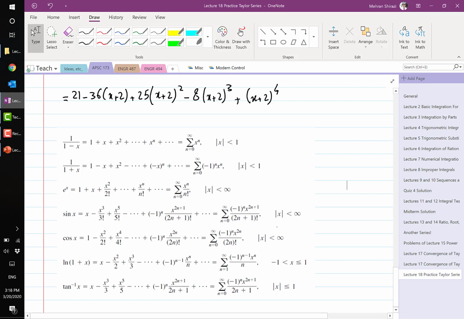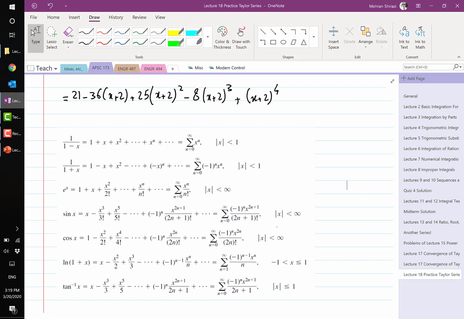Okay, these Maclaurin series that you see here are from the third slide of the lecture note on Taylor series, the one which had the picture of Taylor Swift on it. So in the next video, I'm going to discuss convergence of Taylor series and solve many questions on that.